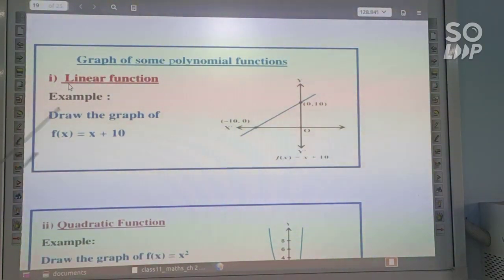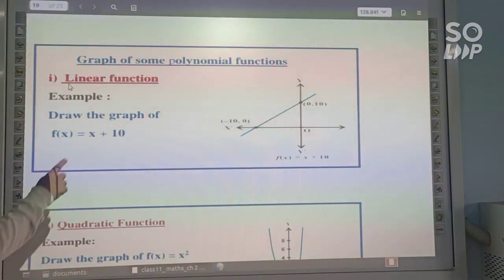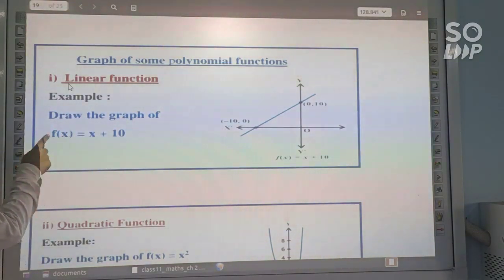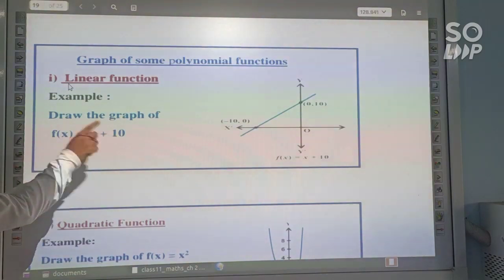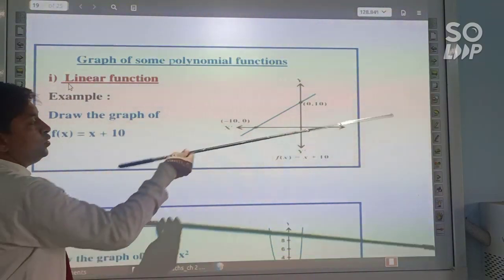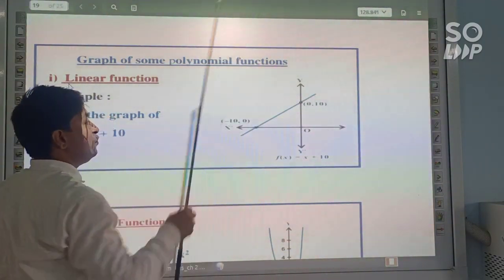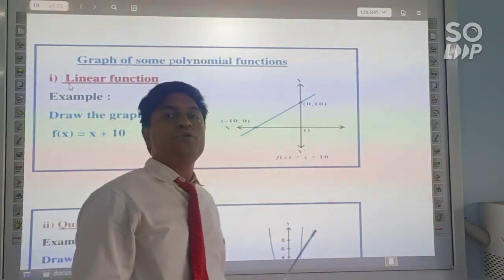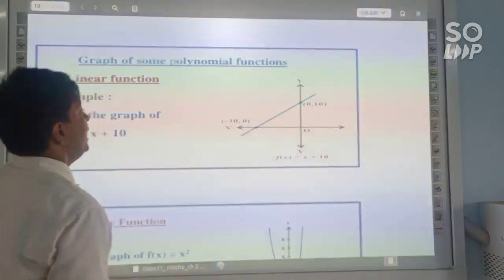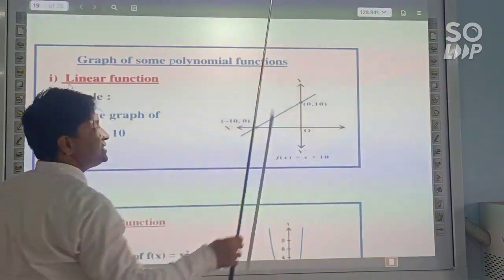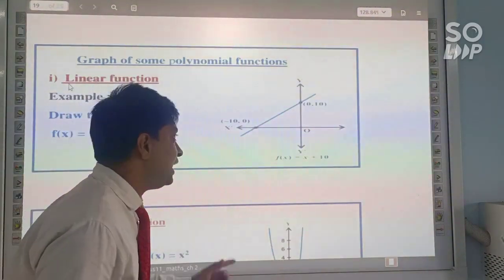So when we put x equal to 0, we find 10. For x equal to 0, we find the value of y equal to 10. So what is the name of the x-axis? It is the horizontal line. And this is the y-axis, which is called the vertical line.